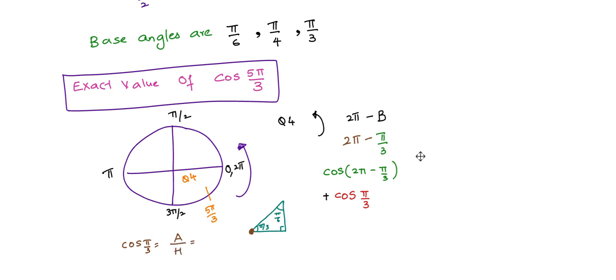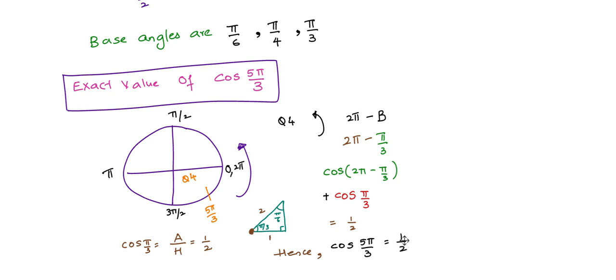Adjacent is 1 and hypotenuse is 2. So that gives you 1 over 2. Hence, without a graphics calculator, the exact value of cos 5 pi on 3 is half.